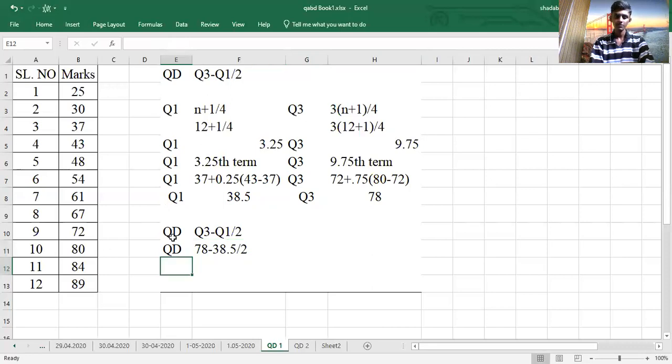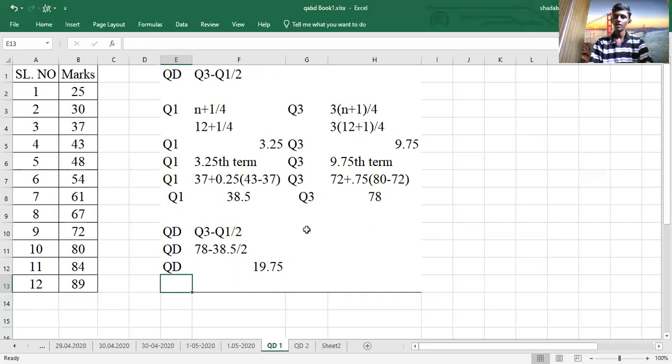Quartile deviation equals (78 minus 38.5) divided by 2. We will get 19.75 as the quartile deviation.